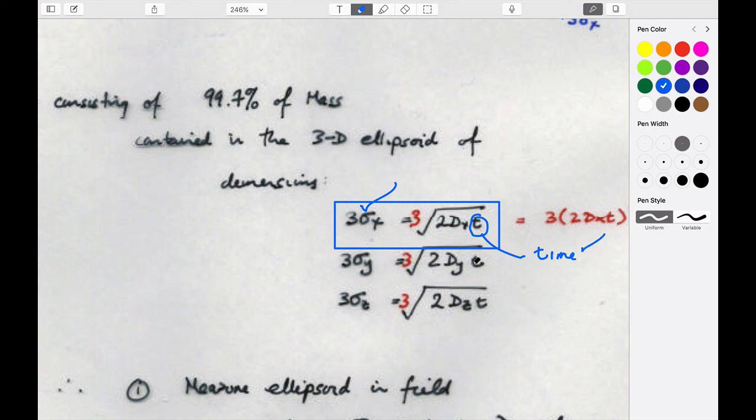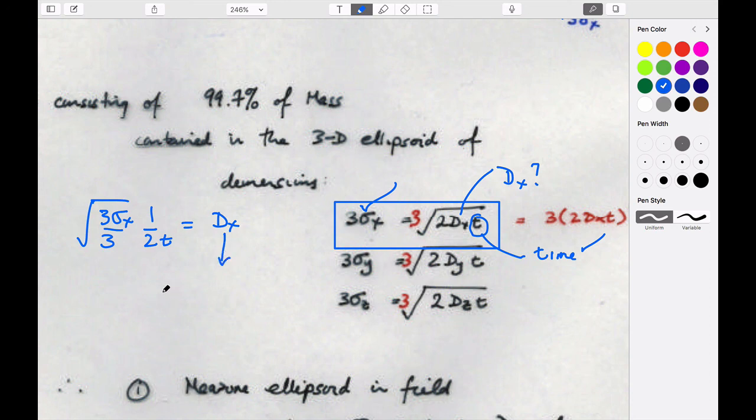If you know that, then you have everything you need to be able to calculate the dispersion coefficient, which you'd like to know. And so you could, in the field, figure out, if you knew exactly what your plume looked like, you have enough to be able to calculate the dispersion coefficient just by rearranging this, right? 3 standard deviations divided by 3 square root, multiplied by a half and divided by time is equal to dx.